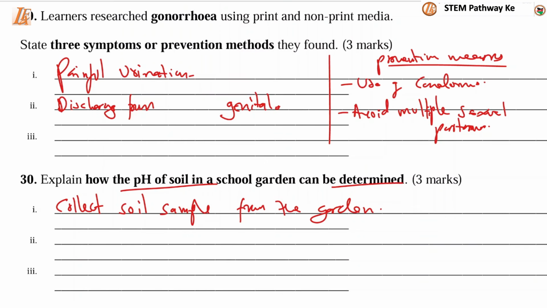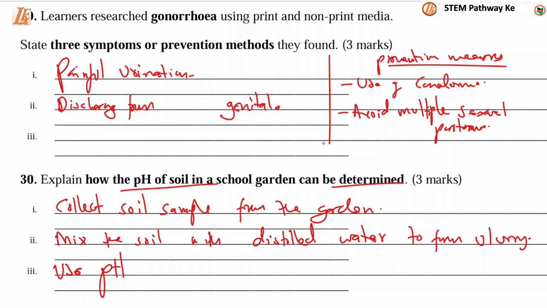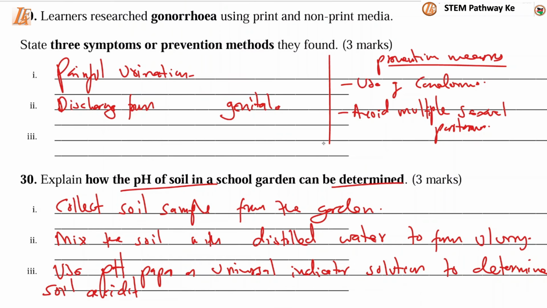Second, mix the soil with distilled water. Then third, use pH paper or universal indicator solution to determine the soil acidity or alkalinity.